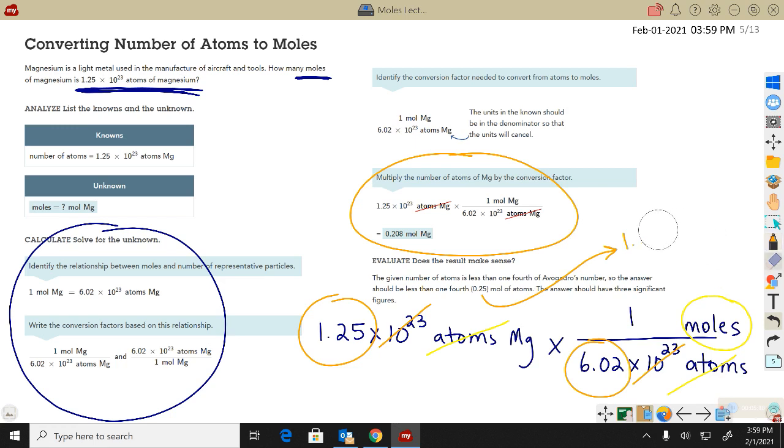Hello, I can do math. 1.5 times 10 to the 23rd particles. And so then if I look at what I have, oh, I've got just a little bit less. So yeah, this answer makes sense. I'm looking for a little bit less than a quarter of a mole. Awesome, let's try some more.